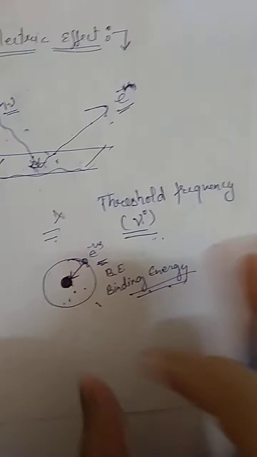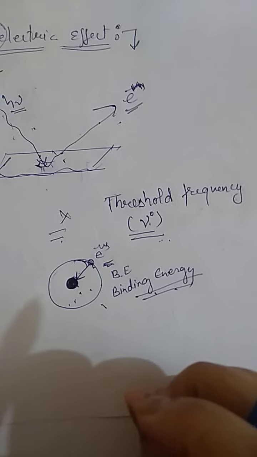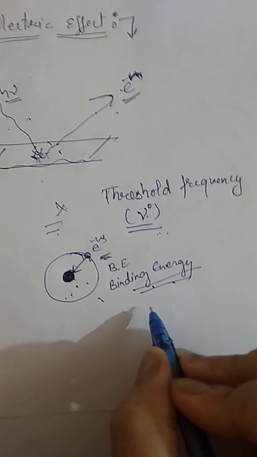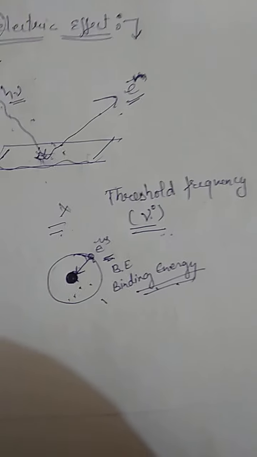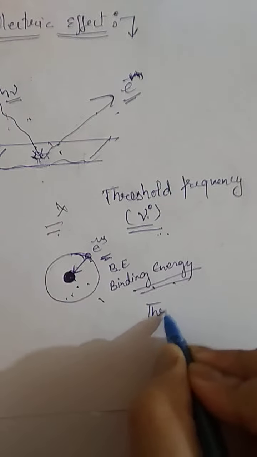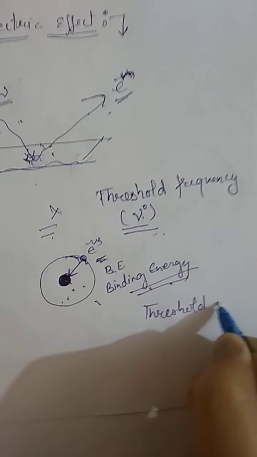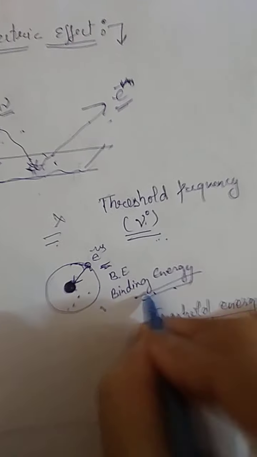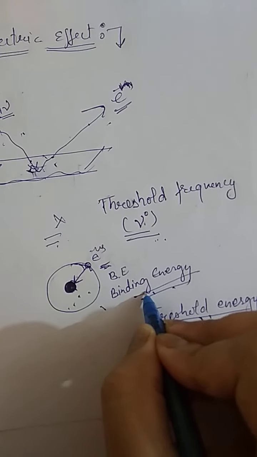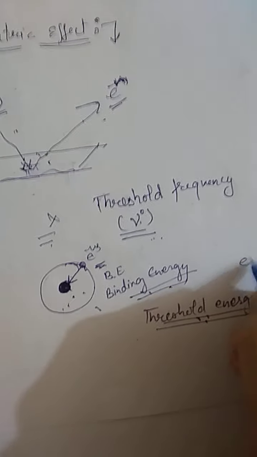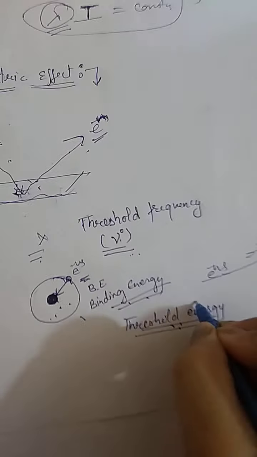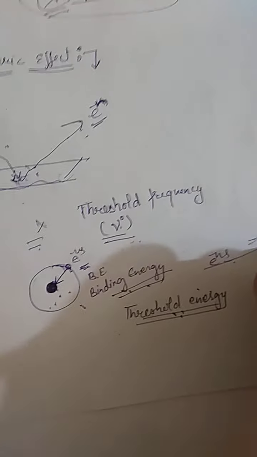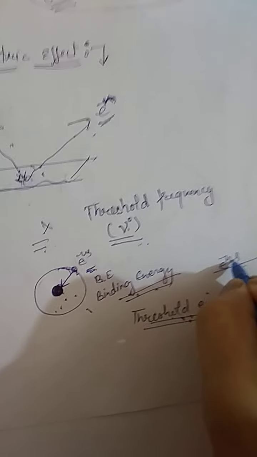So unless we have the amount of energy required, called the threshold energy, that will overcome the binding energy, the electron will not eject. It means threshold energy must be greater than binding energy, only then will the electron eject.